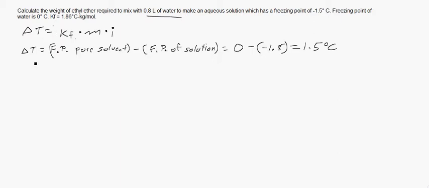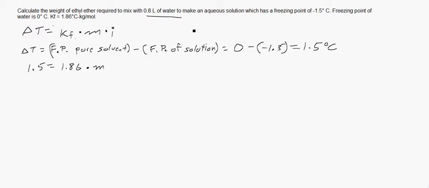So we can already set this up. So we got 1.5, 1.86, and that's times the molality. The question is asking to calculate the weight of ethyl ether required. So obviously we're going to have to use this molality to figure out the mass of ethyl ether somehow.